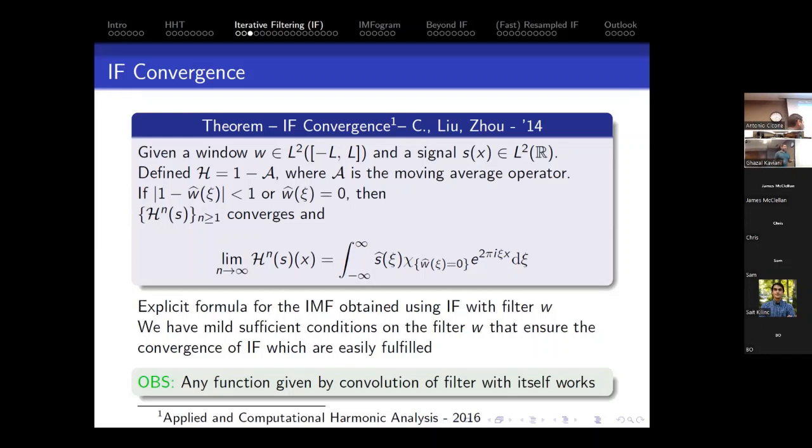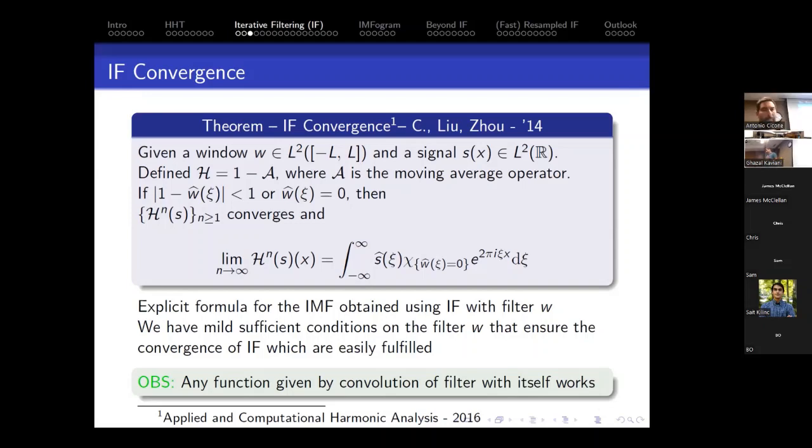The special way is simply that you can choose any shape you want, but once you choose it, you convolve that shape with itself. And now that new filter is going to guarantee you the convergence. That comes magically from the mathematics, okay? Because this basically guarantees that the Fourier transform of the filter has positive Fourier coefficients, okay?